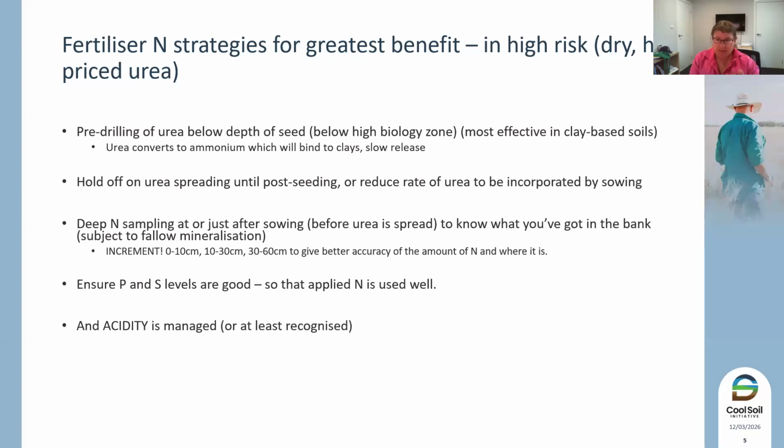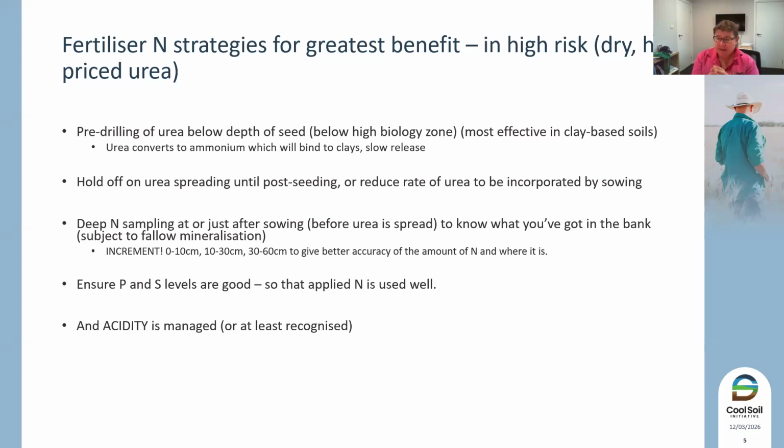If you can't place it in the soil, and you're limited in terms of the urea you've got available, reduce the amount that you're applying at sowing, particularly if we're looking at a dry sow system this year, or hold off your urea spreading until early tiller.